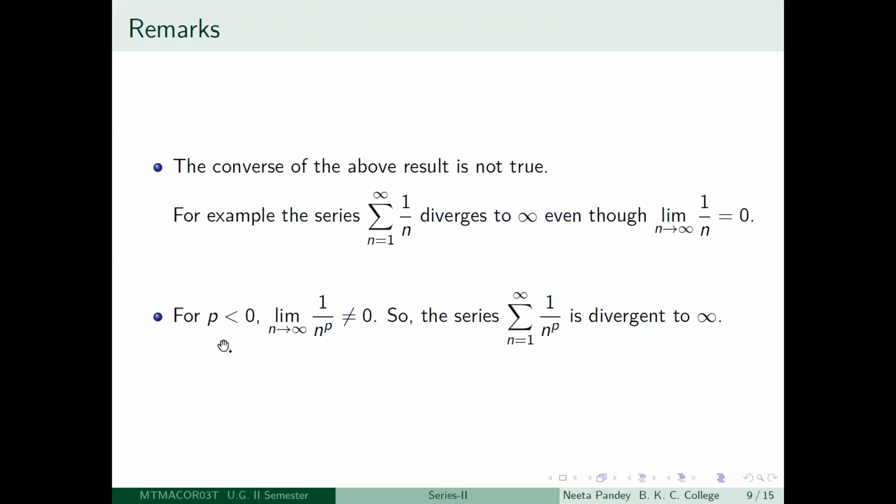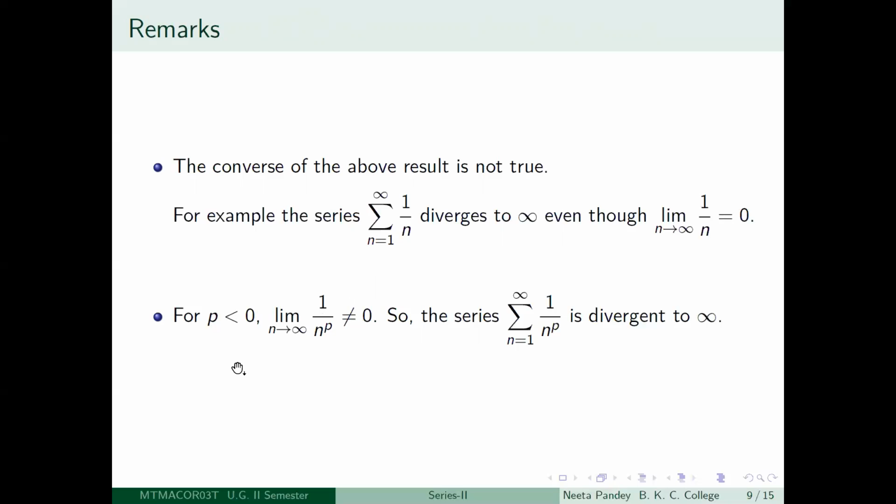How? Suppose your p is less than 0. Then if you look at limit n tending to infinity 1 by n to the power p, since p is less than 0, this is actually diverging to infinity, right? As you take your n larger and larger, 1 by n to the power p will become larger and larger because p is less than 0.